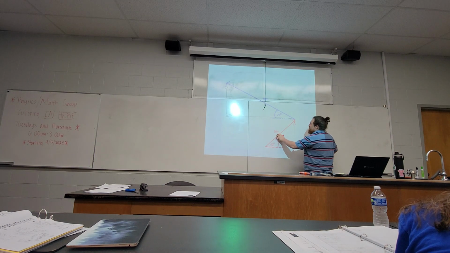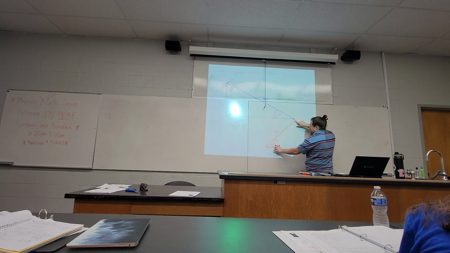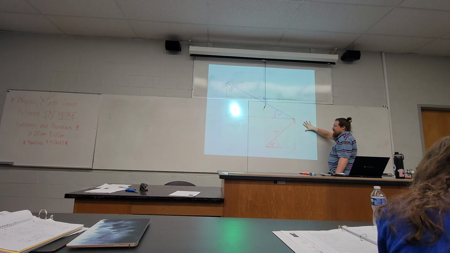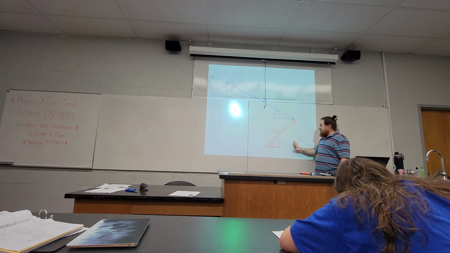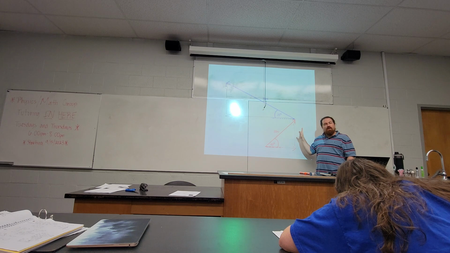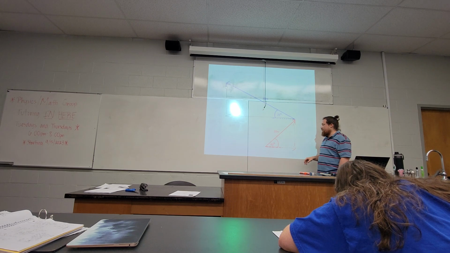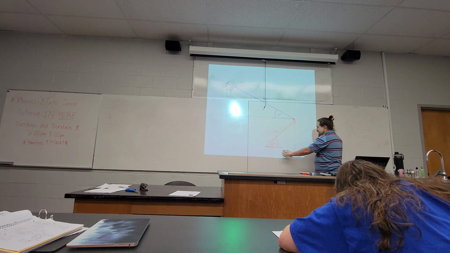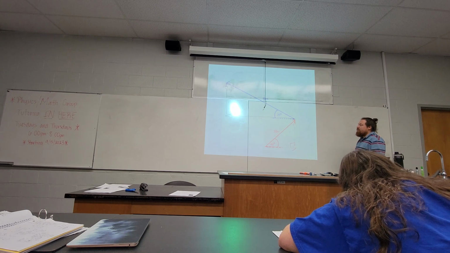We started with just the vector itself, 20 meters pointing in this direction, and that is a vector, magnitude and direction. We need to break that down into its components, and I always recommend turning your vectors into a right triangle in this class. We're going to describe pretty much everything as a right triangle. The y leg, vertical leg being y-axis, horizontal leg being x-axis. Those are conveniently always 90 degrees apart, so we have a right triangle, and that means we can use SOHCAHTOA.